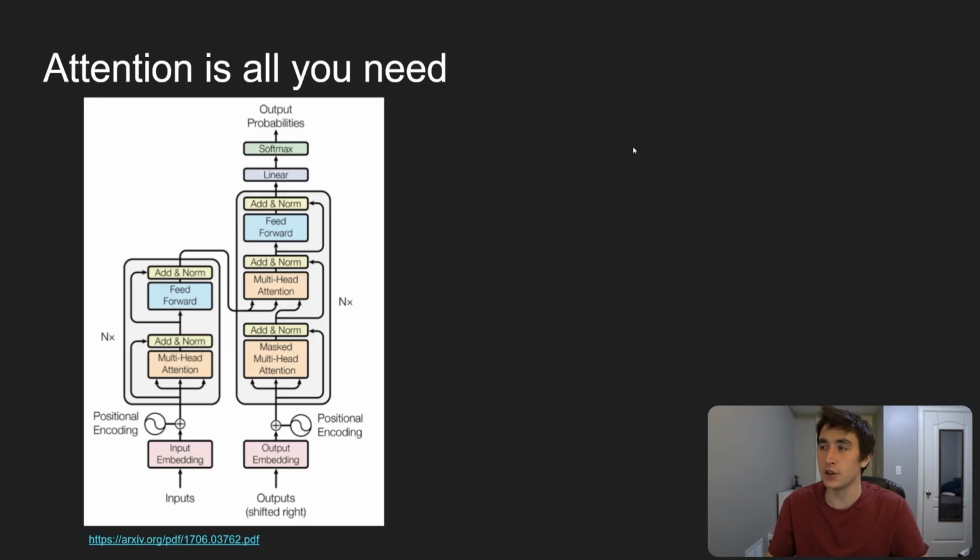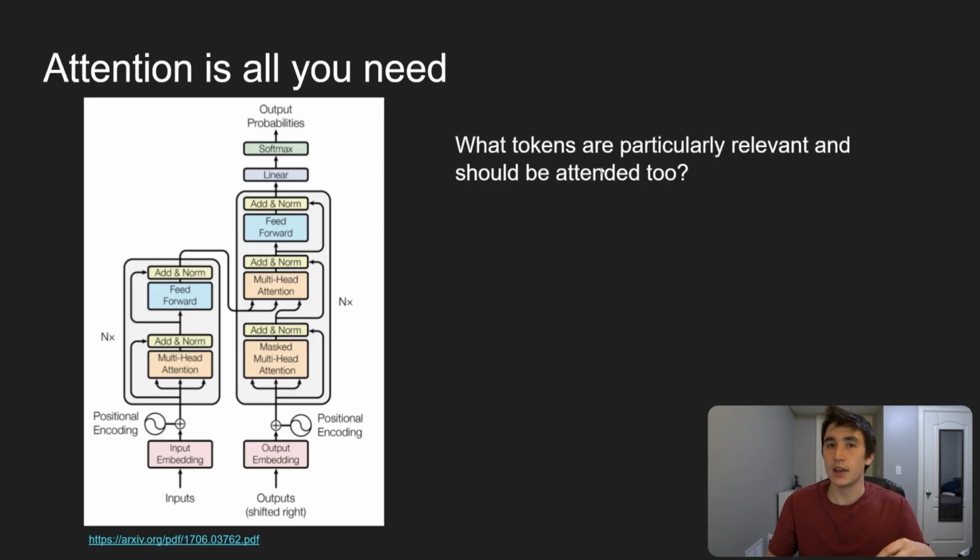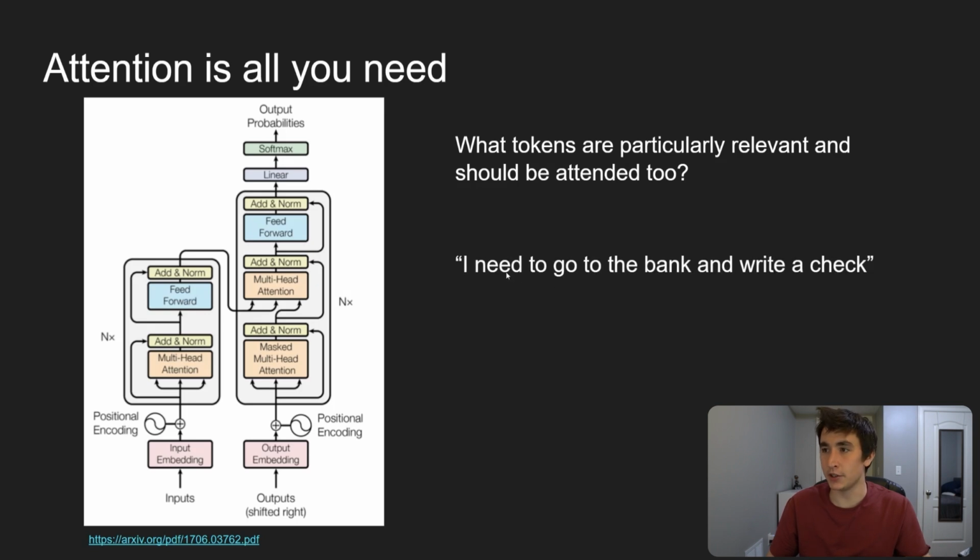So what is the difference with attention? Well, basically you can feed in a phrase, and as you iterate through the tokens in that phrase, you can figure out what needs to be attended to. So if you walk through this sentence, "I need to go to the bank and write a check," when we get to the word check, we're feeding these all in at the same time using positional encoding, so it doesn't have to be one after the other.